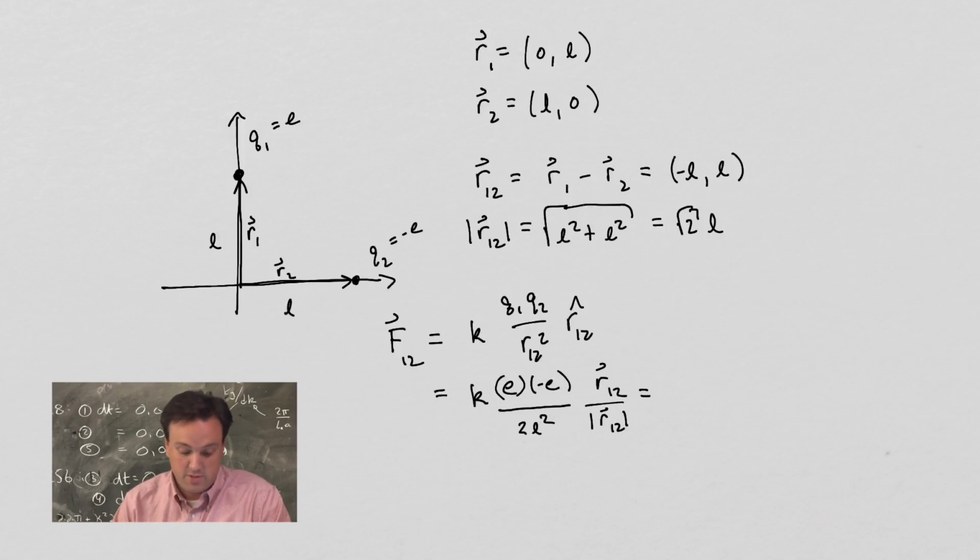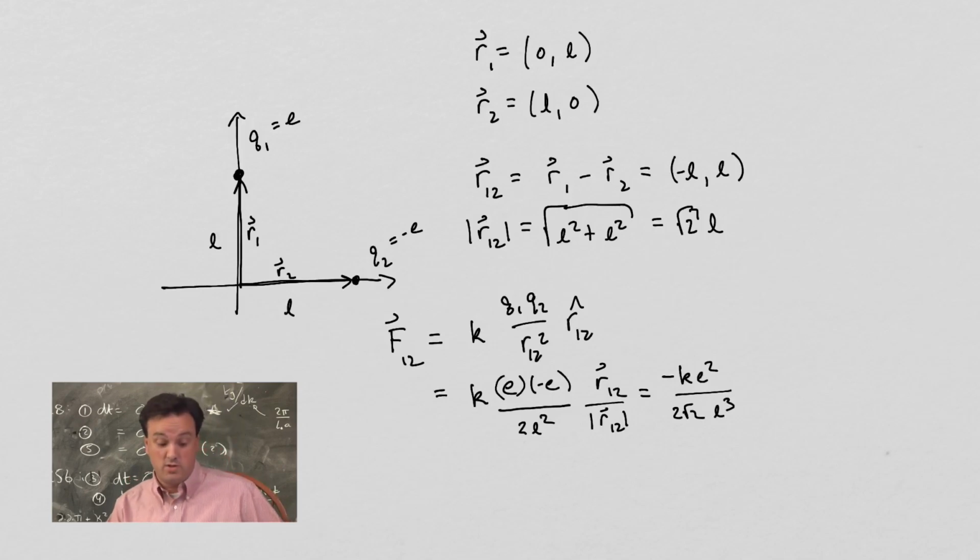Well, the magnitude of R12 gives me another square root of 2 L. I'm going to actually plug in what I know here. So I have minus K E squared over 2 root 2 L cubed. That's the combination of the 2L squared plus the magnitude of R12, times the vector (minus L, L).